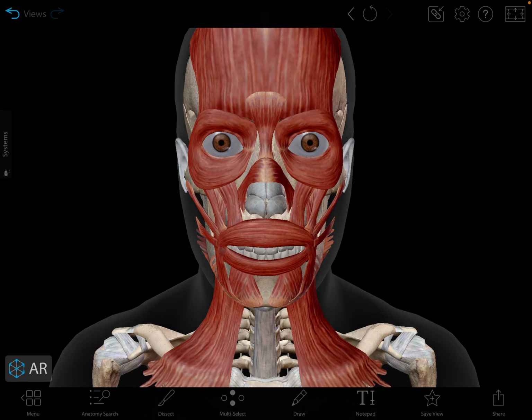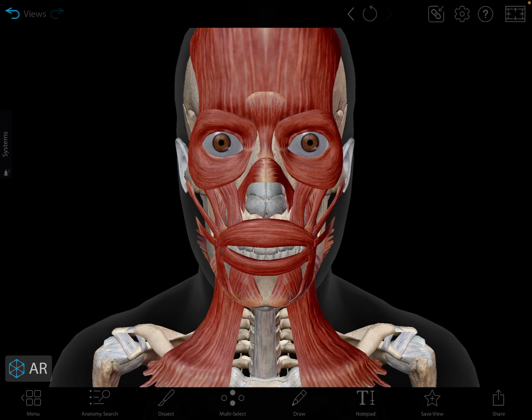All right, so in this recording, we're going to look at a few common muscles of facial expression. When you think of muscles of facial expression, you'll think of muscles that are in some way moving our forehead, our eyes, our nose, our mouth, or maybe somewhere around our neck region.